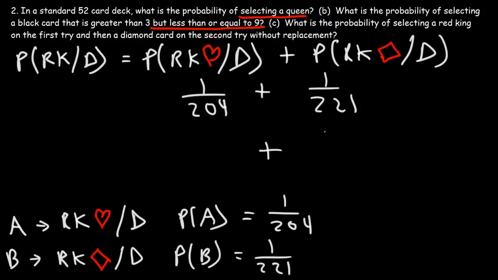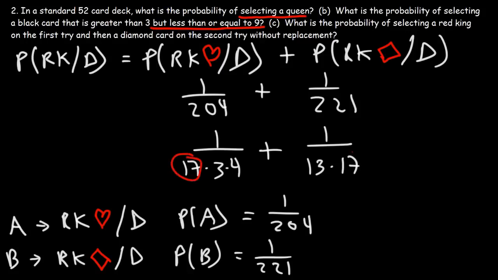Now 221, we said that was 13 times 17. 204 is 51 times 4. Now 51, we can break that into 17 times 3. So 17 times 3 times 4 will give us the original 204. So now we need to get common denominators. We already have a 17.